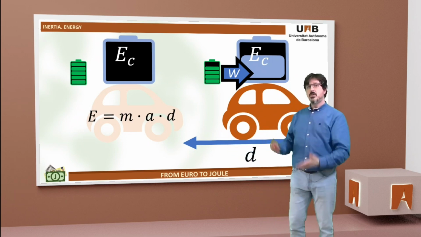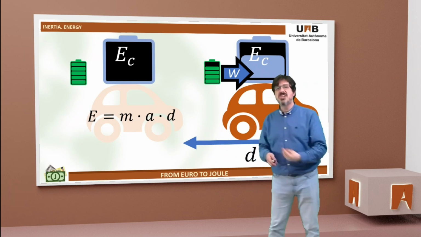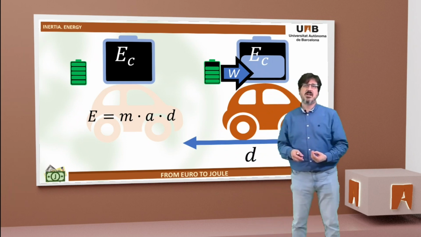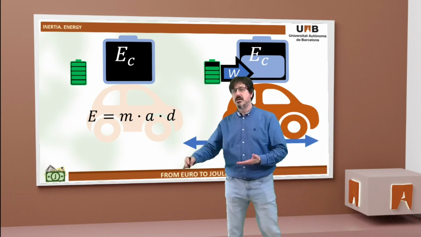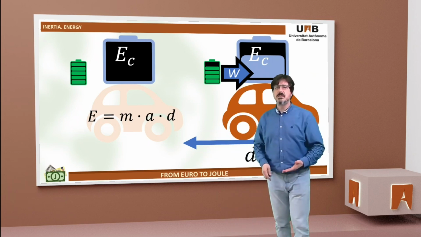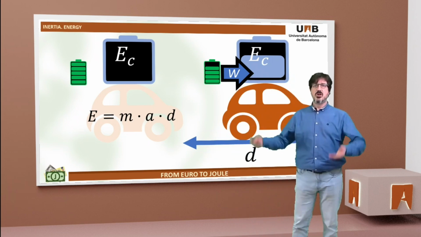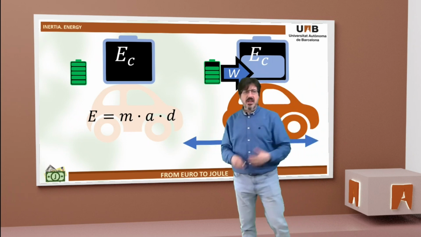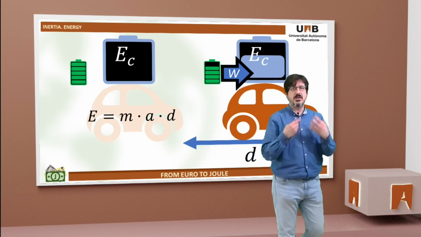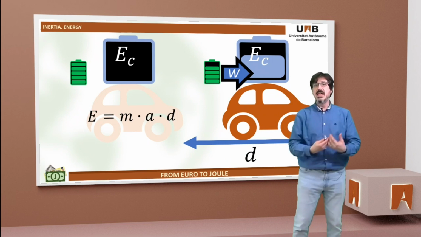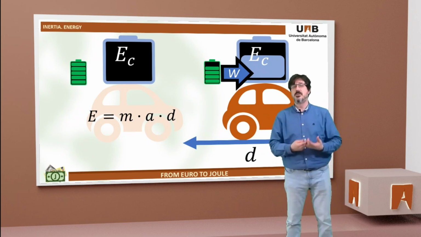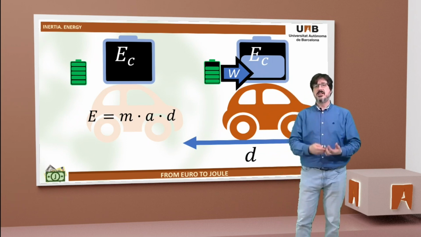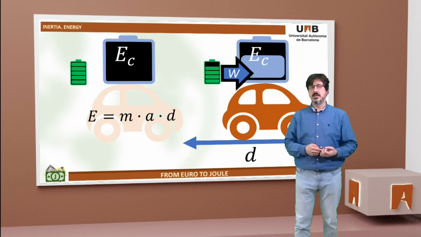If I want to change my velocity very fast and then brake very fast, I will be dissipating so much energy. Notice that this equation is telling me what I need in order to reduce the energy consumption inside my city.